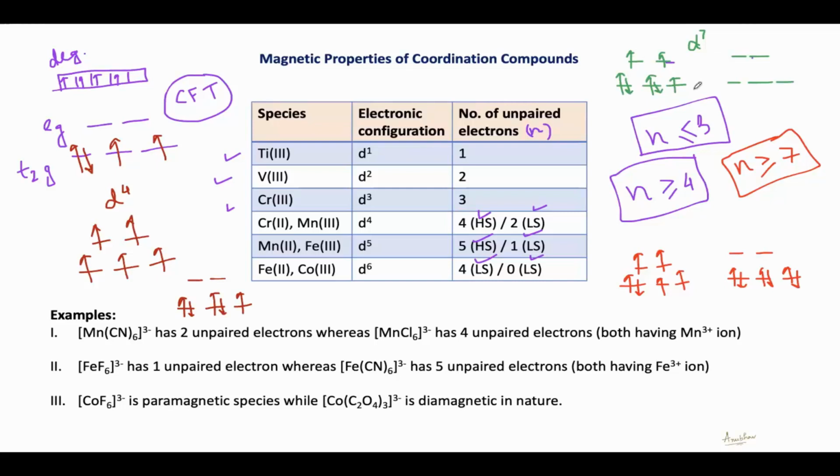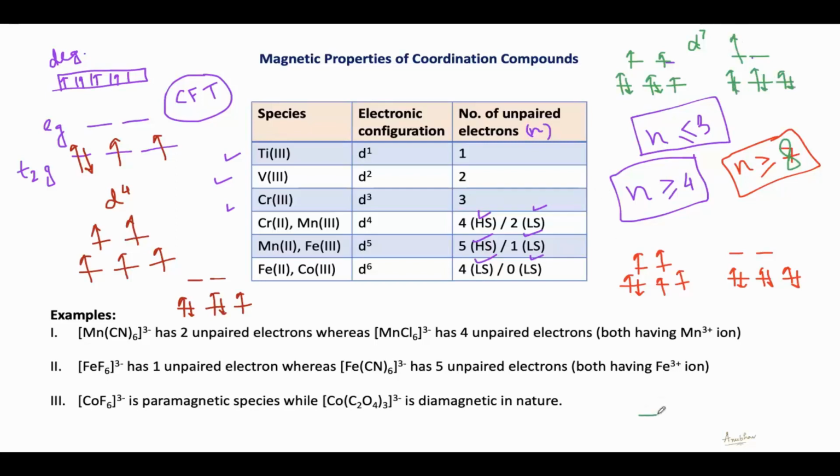So we are having 3 unpaired electrons. In the low spin case, we have 1, 2, 3, then we will pair up 4, 5, 6, and then we are having 1 electron left. So in case of d7 also, in the high spin case, we are having 3 unpaired electrons. In the low spin case, we are having 1 electron.